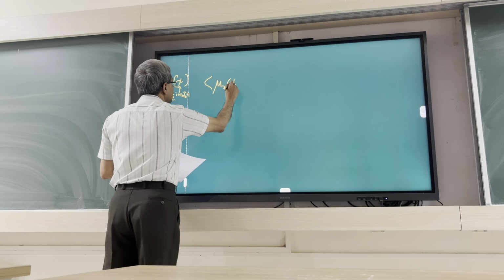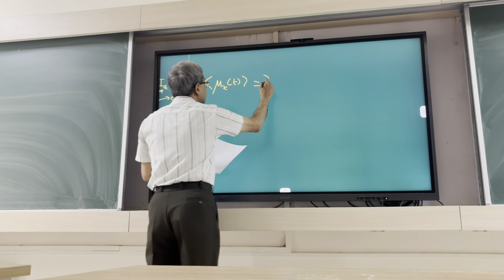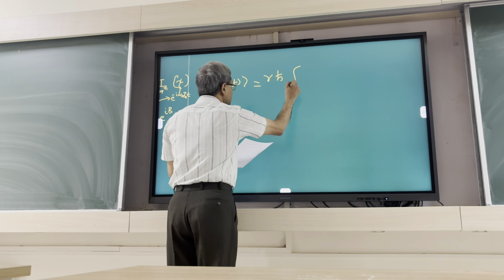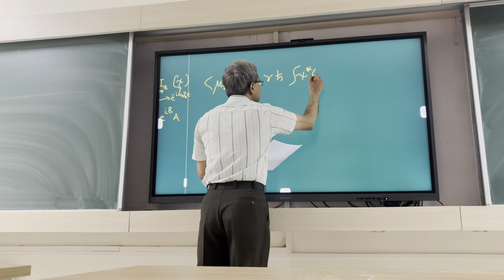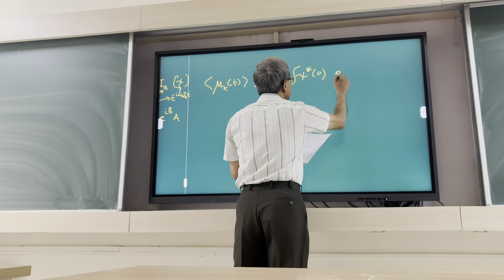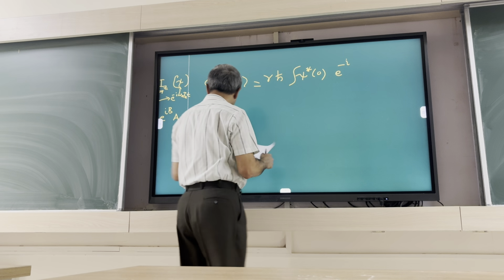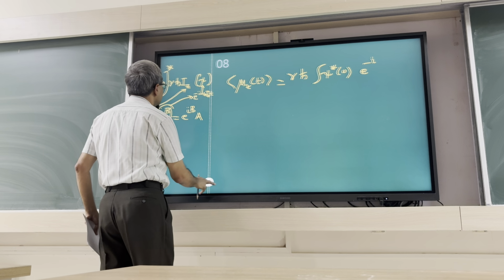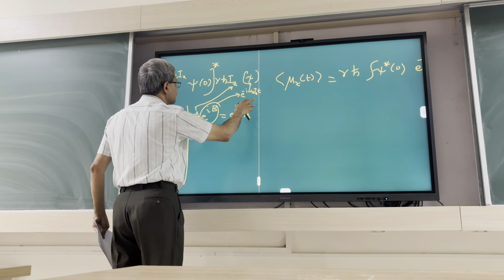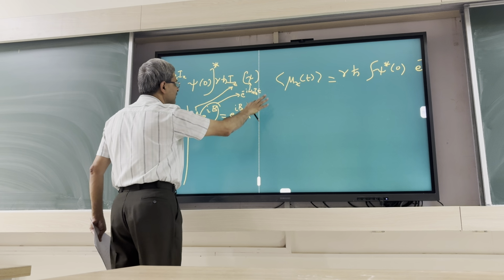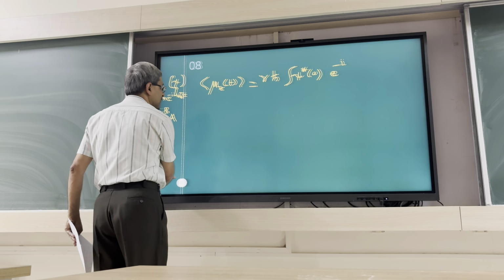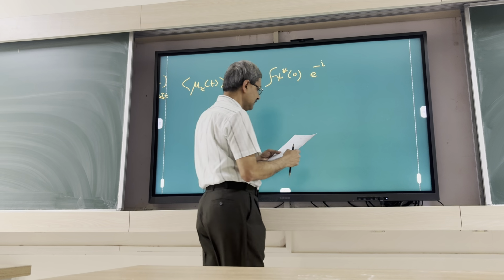Right? So after doing all this, one part you will get contains this mu z as gamma h bar psi star 0 e to the minus i. The other part, with e to the omega z, Iz and all that, multiplying the complex conjugate, will give you 1.